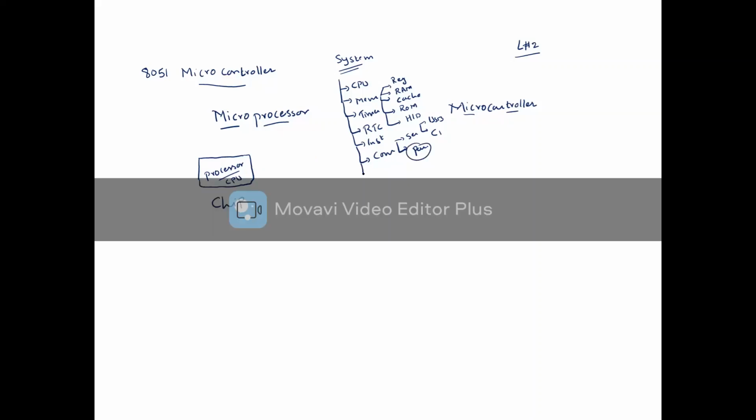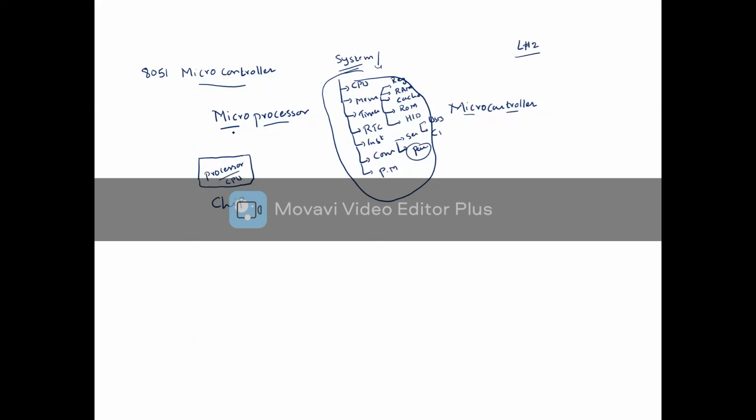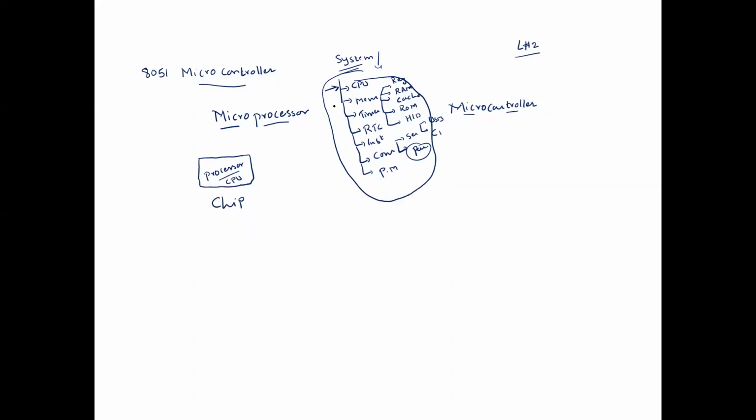And you have a power control unit to save the power, right? So a power management unit will be there. So we have many things inside a system. All these resources make a complete system, right? But when you look at the microprocessor, it deals only with the CPU.